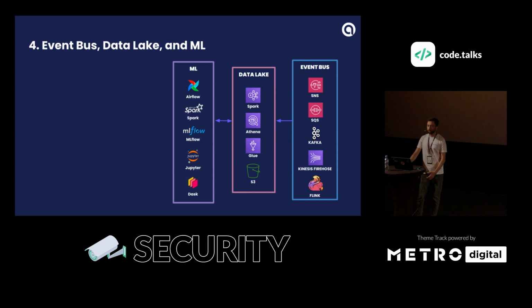Let's talk about Event Bus, Data Lake, and the machine learning platform that we have. For the Event Bus, we started with SNS and SQS in the beginning. These are 2 standard AWS services. For inter-service communication, we used to use them heavily. And after a while, we started to deploy our own Kafka cluster on Kubernetes.